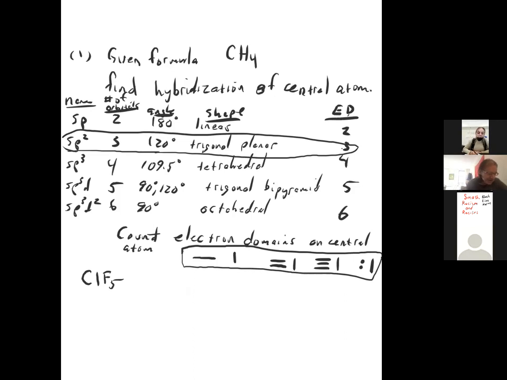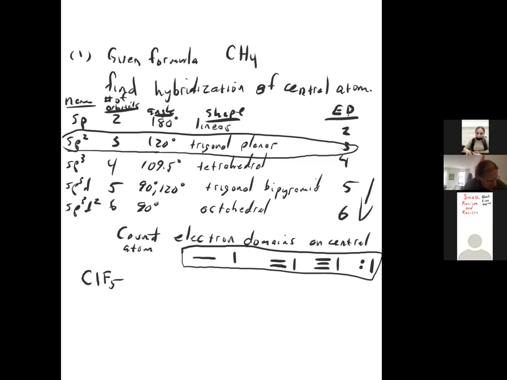So that right there tells you it's got to be one of these ones down here. If you have 5 surrounding atoms, you got to have 5 domains at least. The only question is, do we have any lone pairs? If you have a lone pair, that'll give you 6 electron domains. If you have 2 lone pairs, now you have 7, and we've got a problem here because I didn't go up to 7. It turns out that's a problem. You can't have more than 6 usually.